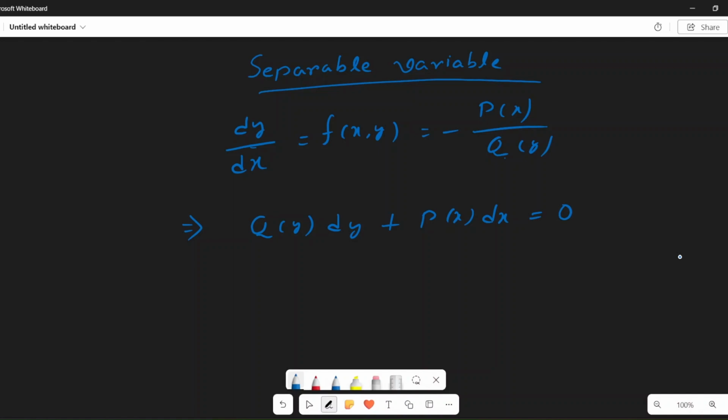What we have done is just separated the coefficients in their respective terms, x to dx and y to dy. Now we have to find the integral of qy dy plus the integral of px dx, and that is equal to some constant. This is called the separable variable method to find the solution of a differential equation.